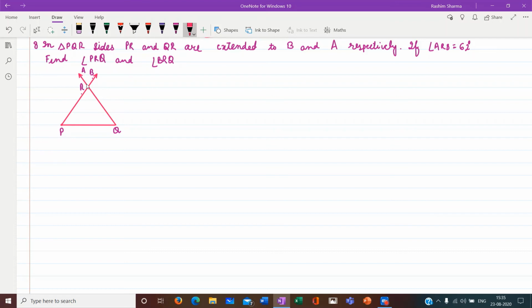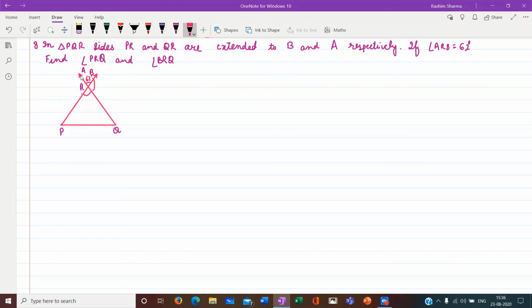Angle ARB means this angle is given as 62 degree. Then we have to find angle PRQ, which means this angle, and angle BRQ, which means this angle. These two angles we have to find.